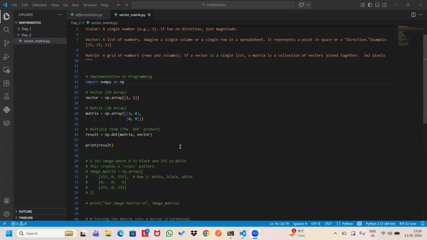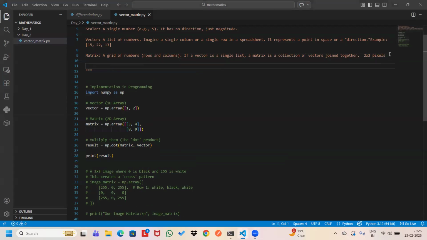Okay, so the next point would be your color space. A single pixel is often a vector of three numbers: red, green, blue. Suppose this is my matrix. The first would be red, the second would be green, and the third would be blue.